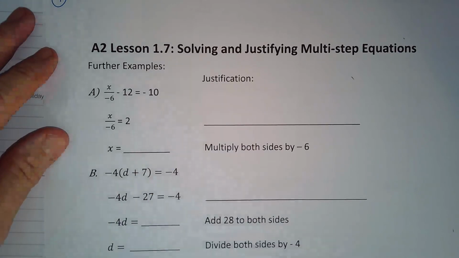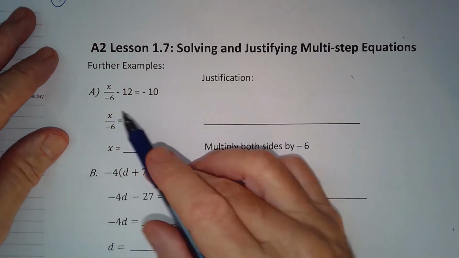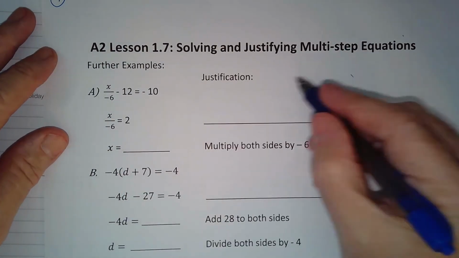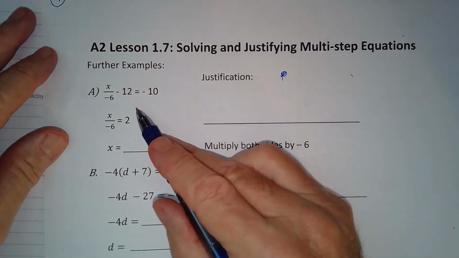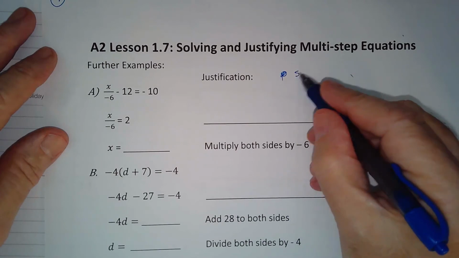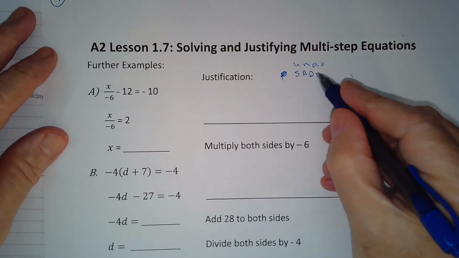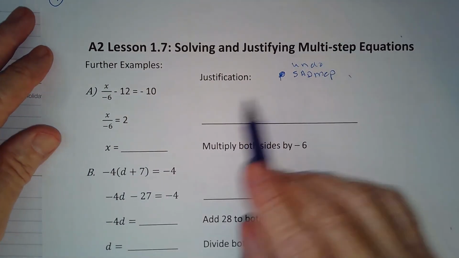So if we were thinking about what we would do with this equation to get x by itself, we would use PEMDAS. I'm sorry, not PEMDAS. This is undoing. So undoing, we would use SADMAP. We aren't doing really anything different than we normally do.